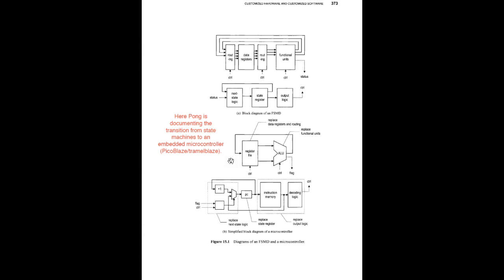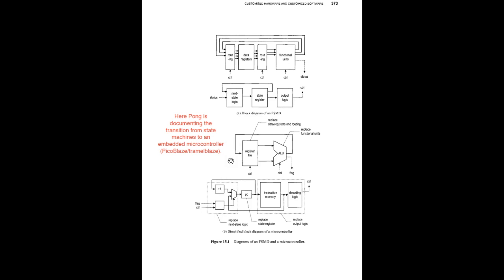But once you move to a microcontroller, you have a much more flexible tool at your fingertips to support the design of your FPGA. And that's his discussion here. It's basically building the case. He documents the transition from a state machine to an embedded processor. And the architecture, if you've taken 440 down below, begins to take shape.